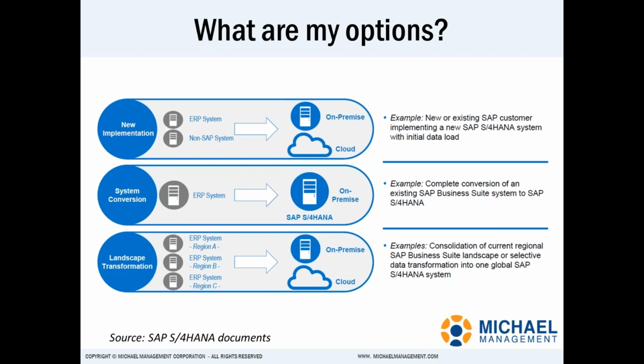And then the third one is what we call the landscape transformation, where we see a lot of big-size companies where they have multiple ERP systems, and they want to transform their entire landscape into a single version of ERP. So using some kind of data transformation mechanisms, and we can talk in a deeper dive session at a later point of time on how exactly we enable that, how exactly we enable the data replication part. But the landscape transformation really enables that move from multiple ERP systems to a single, either on-prem or cloud-based, version of S/4HANA.